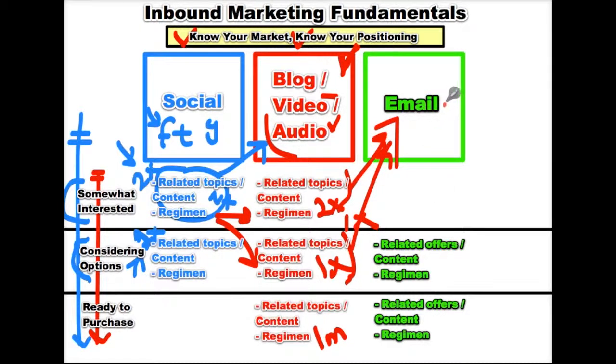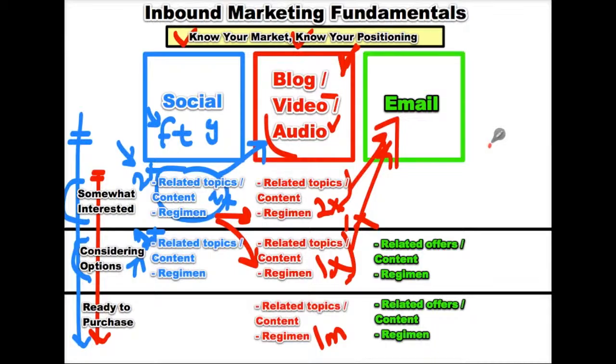When someone is on your email list, now that we talk about this, we're going to delve right into email and wrap things up. And then we're going to talk about how to determine what regimen you should have in your own business. But we're going to talk about email as its own tool in the inbound marketing game. It often isn't considered to be an inbound marketing factor. In my opinion, it very much is.